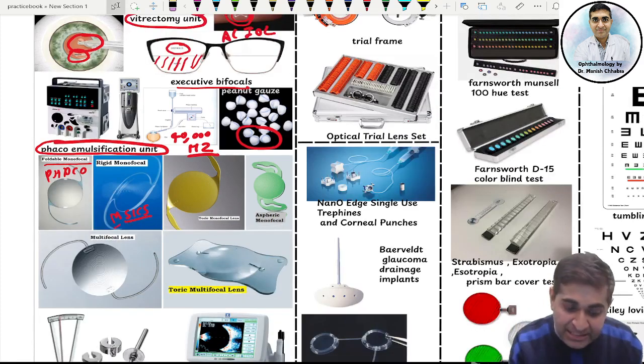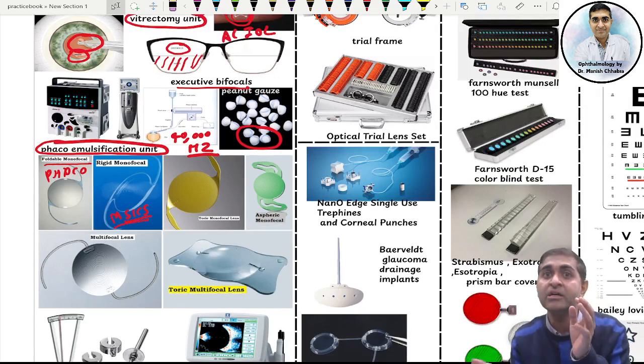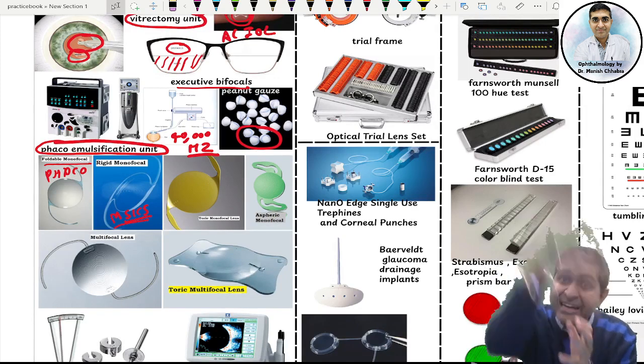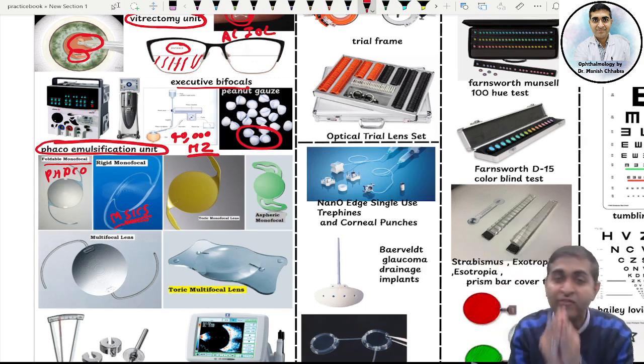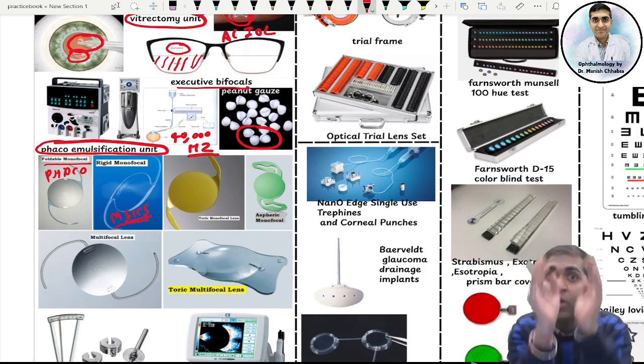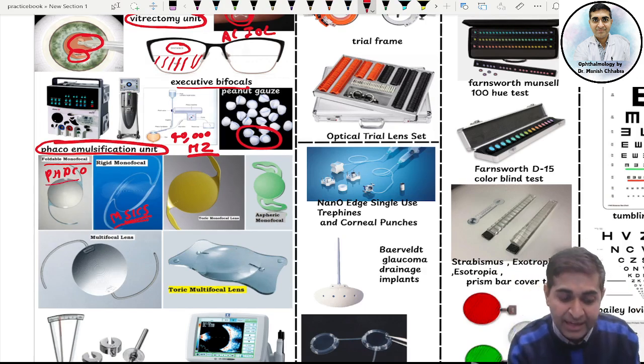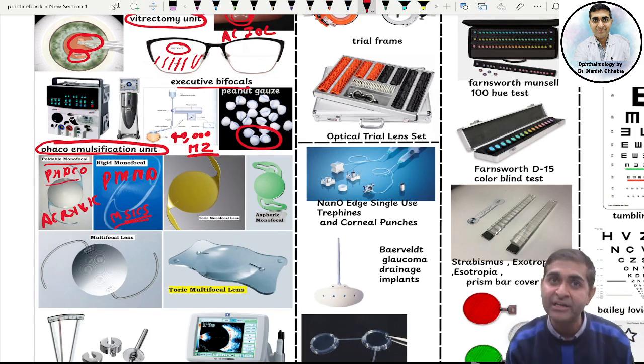But MSICS is a better form of ECCE, a modification of ECCE, in which the length of incision is 5 to 6 millimeter. The most common variety of which the foldable lens is used is acrylic material, while rigid is PMMA, polymethyl methacrylate.